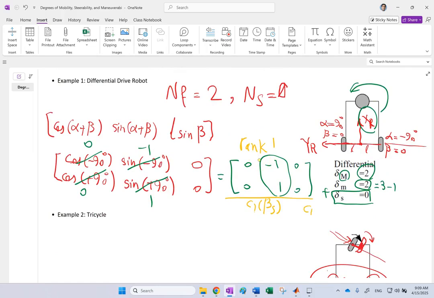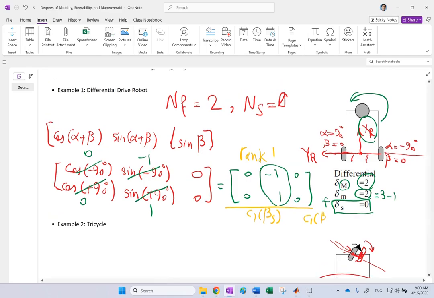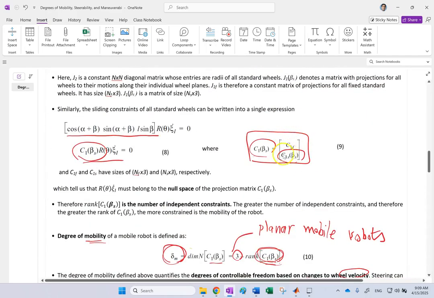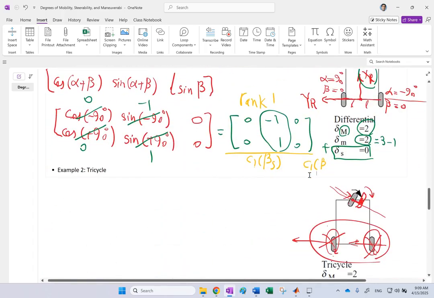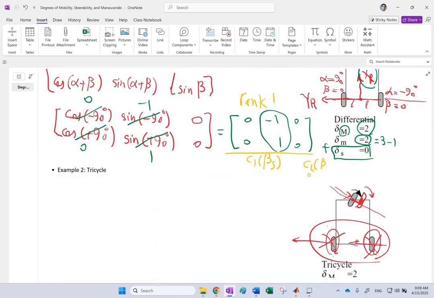And C1S of beta S, this submatrix, is literally empty. There is no such matrix. Therefore, there is no rank. The rank of it is 0.